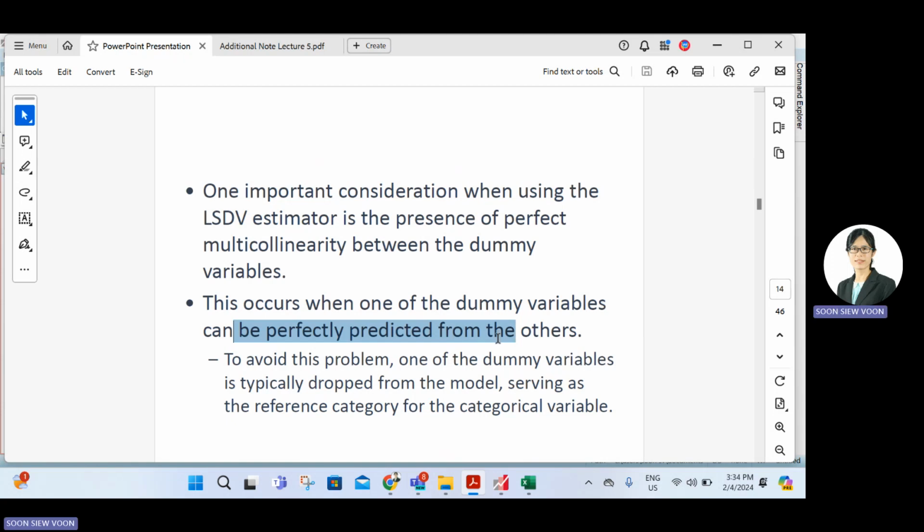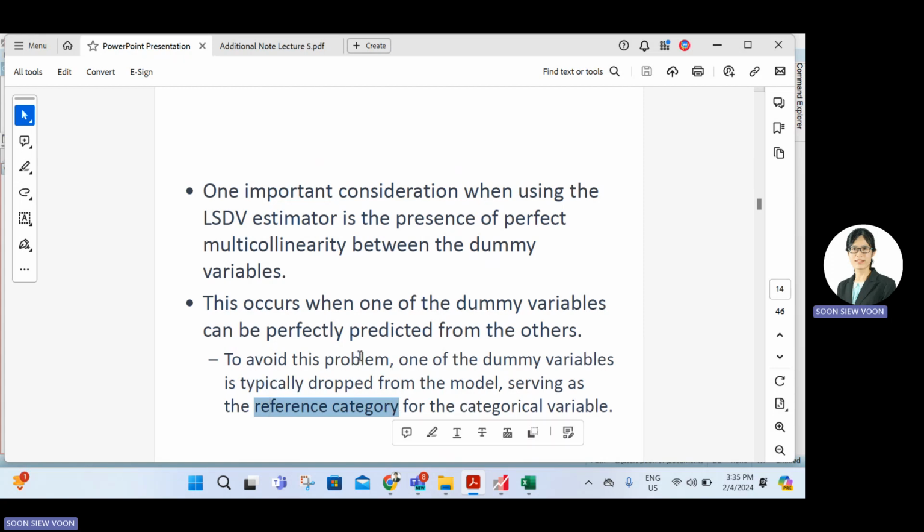If it is perfectly predicted by the others, it might cause perfect multicollinearity. So how do we avoid this? Adopt the rule of n-1. One of the dummy variables is dropped from the model, serving as the reference category for that categorical variable.